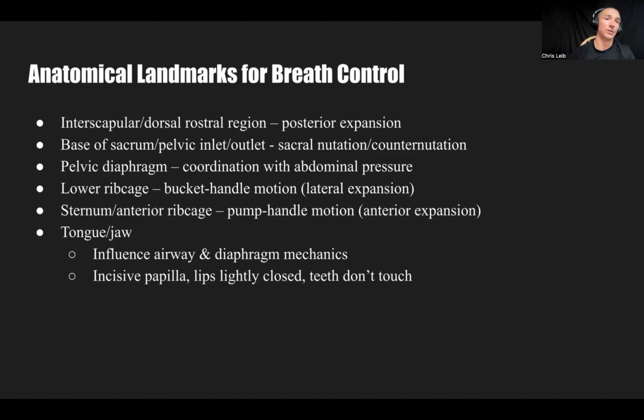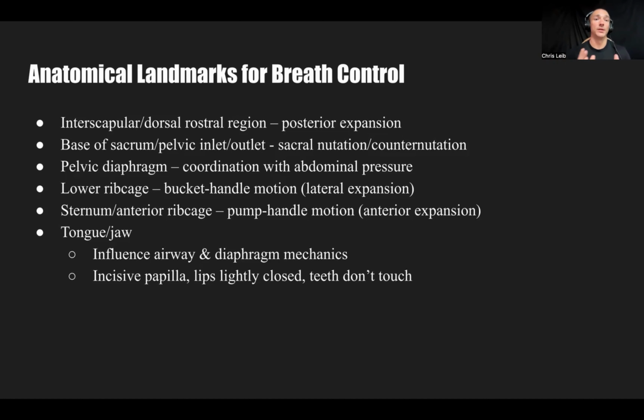And then similarly, down lower at the pelvis would be the area of the base of the sacrum. If we are taking a good expansive inhale, the base of the sacrum should theoretically move backward, and the whole sacrum should counternutate, because basically the sacrum and the pelvis are opening up to catch that pressure that's moving down from the guts.